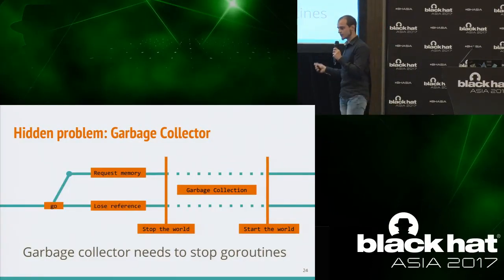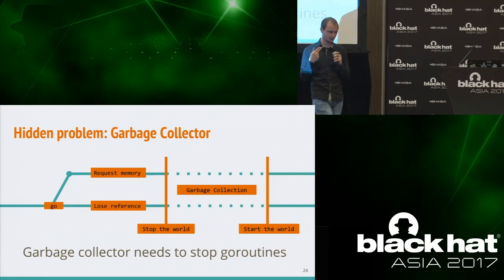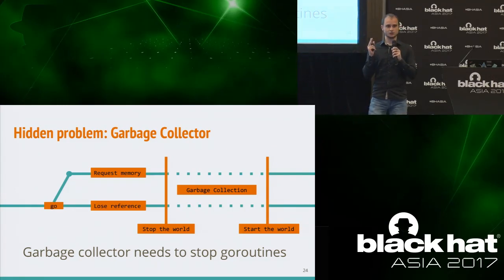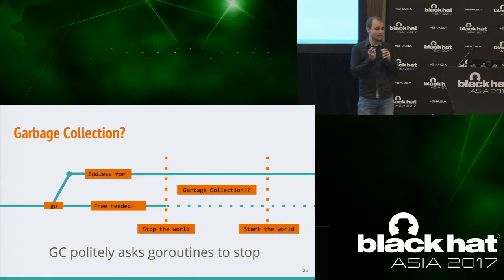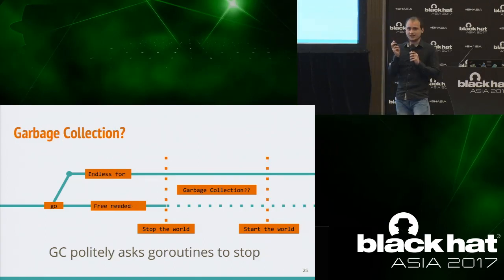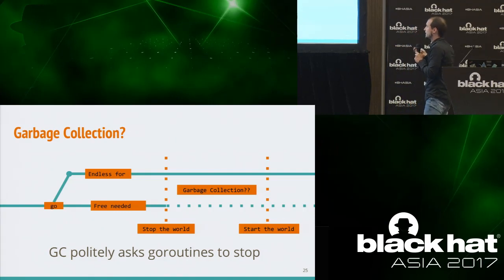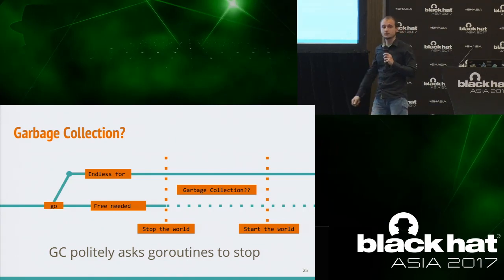So when the next function is going to be called by a Goroutine, it will instead stop and wait for the garbage collector to start the world again. But it asks politely, which means that if you have a Goroutine that doesn't want to give up context, the garbage collection will never happen.